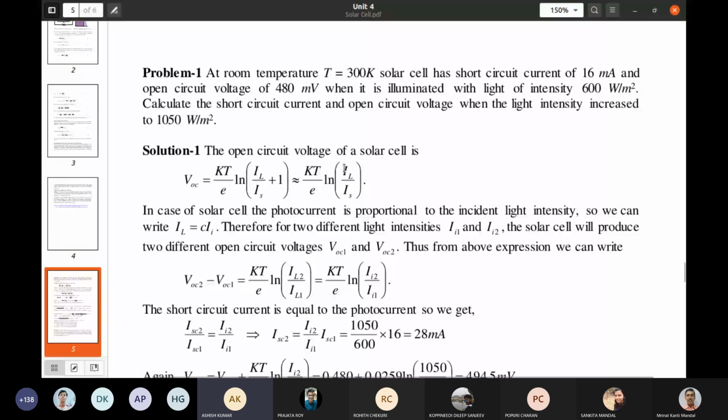Now if we take two cases of current, I1 and I2, then VOC2 minus VOC1 will give you KT by E ln of IL2 by IL1.